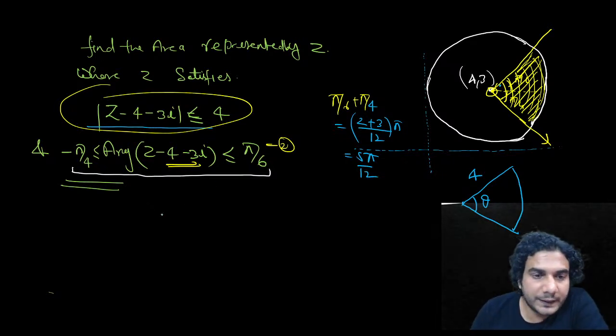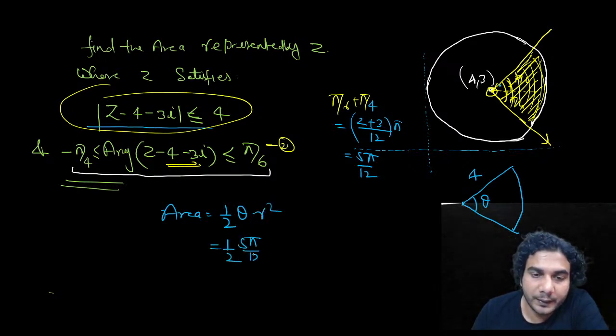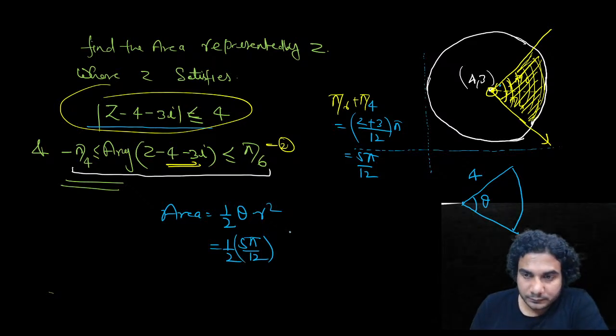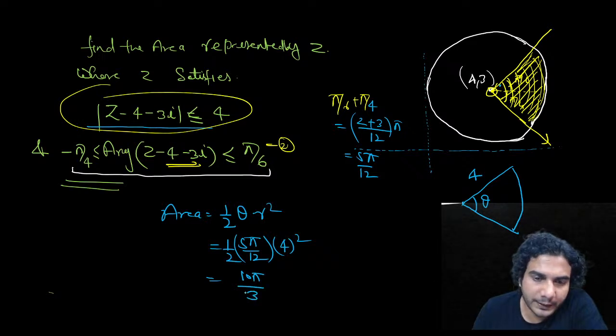So theta. So the area of this region is equal to, what is the formula of a sector? 1 by 2 theta r square. So 1 by 2 theta is 5 pi by 12, multiplied by r square, that is 4 square. You can cancel the terms and simplify it. So it is going to be 10 pi by 3, I think, right?